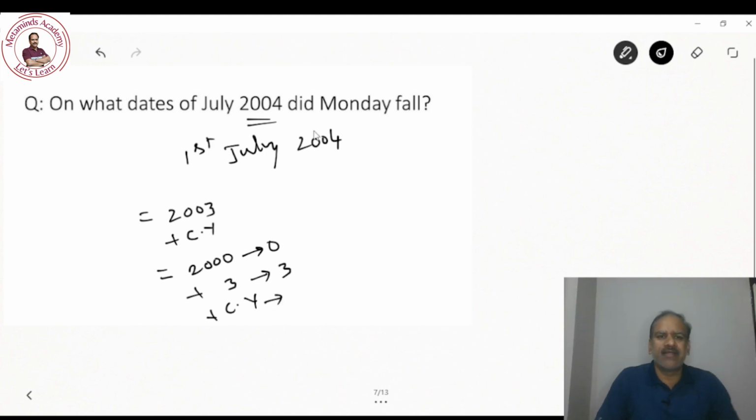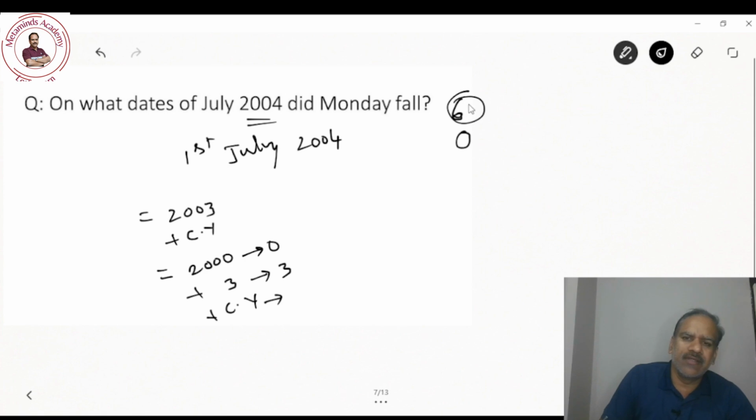Current year 2004 is a leap year. Leap year has first 6 months 0 odd days. And July first, you take up to first 6 months, it is 0 only, plus current month. Current month is first July. First July has only 1 odd day. So it is 1.